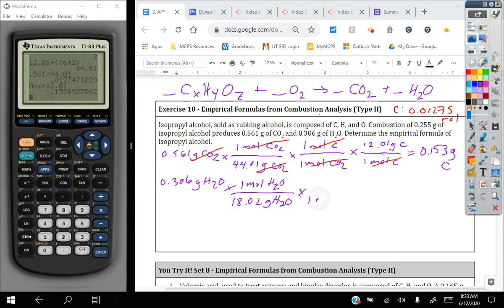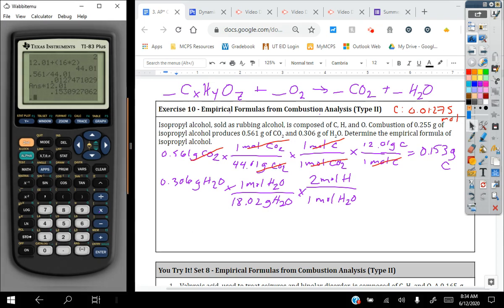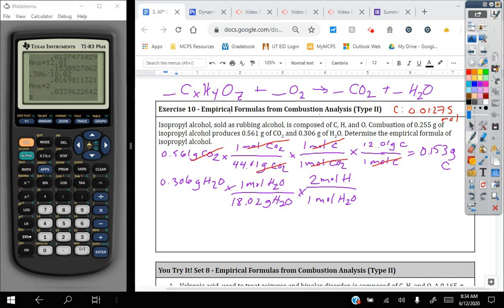All right, and now same process, I need that mole ratio. So for every 1 mole of H2O, I have 2 moles of H. So this one is tricky because I'm actually going to need to multiply this by 2. So 0.306 divided by 18.02, and then I'm going to multiply that by 2 over 1, which is just multiplying by 2.